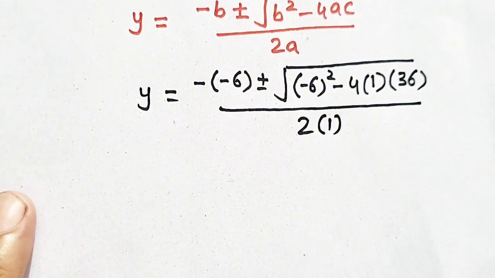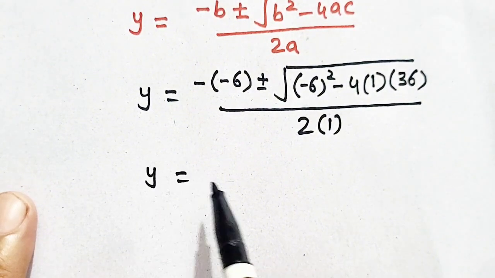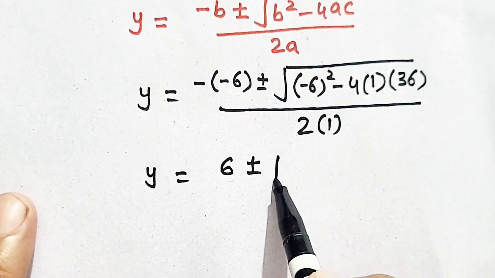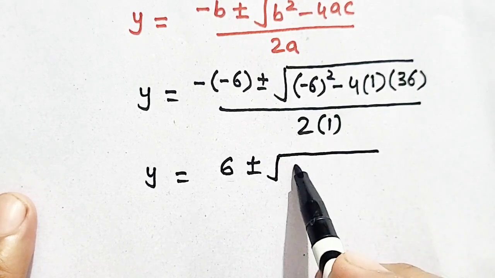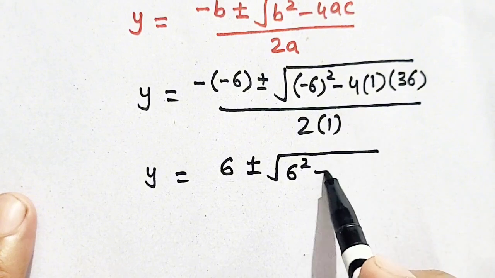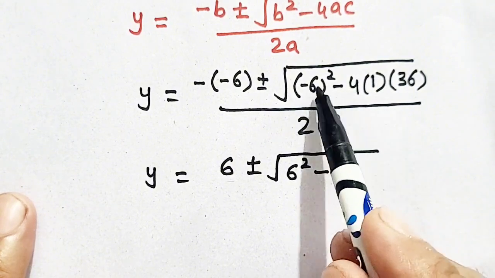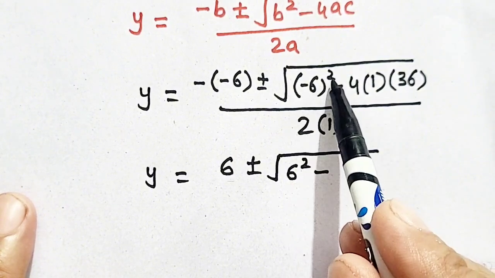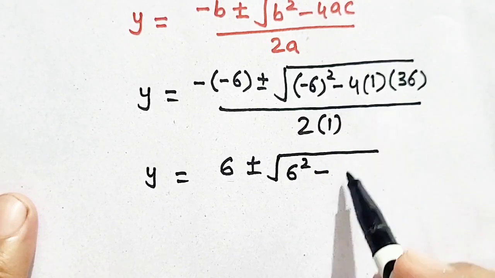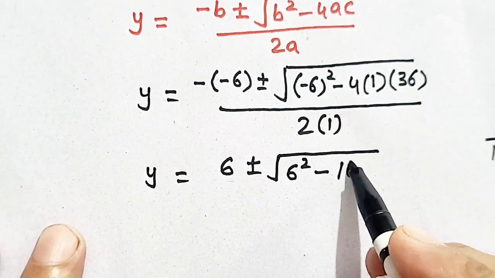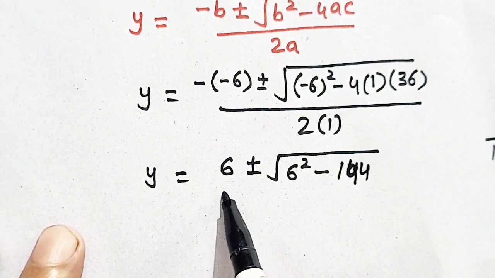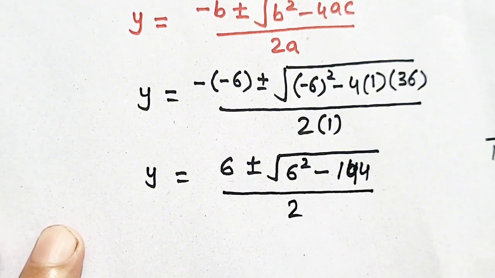Now further simplify it. y will be equal to 6 plus minus square root of 6 squared minus, we can write negative square, it will become positive square. So it will become 144, divided by 2.